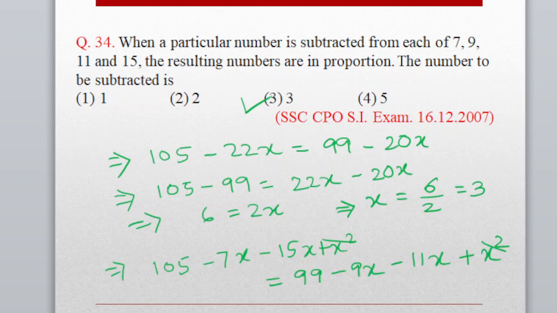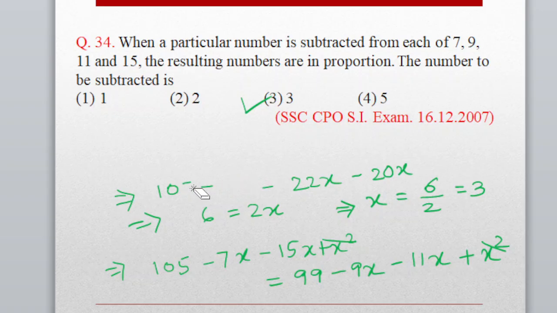Now next method. Listen, it is given that when a particular number is subtracted from each of 7, 9, 11 and 15, the resulting numbers are in proportion. That means for this type of question, if we go through the options, then it will be easy for us to calculate.